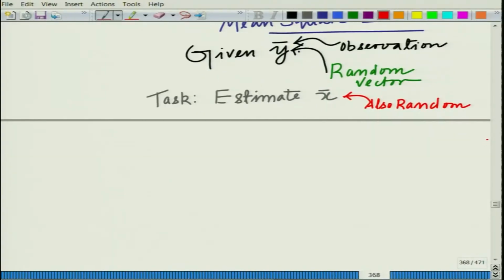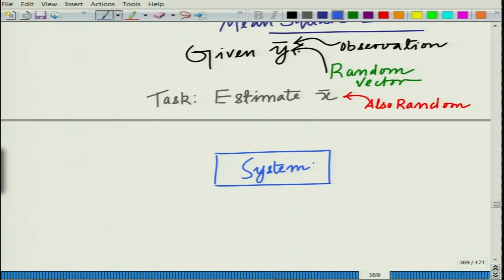So, essentially if you look at this as an input output system, for example, this is your system, which by the way need not necessarily be linear.